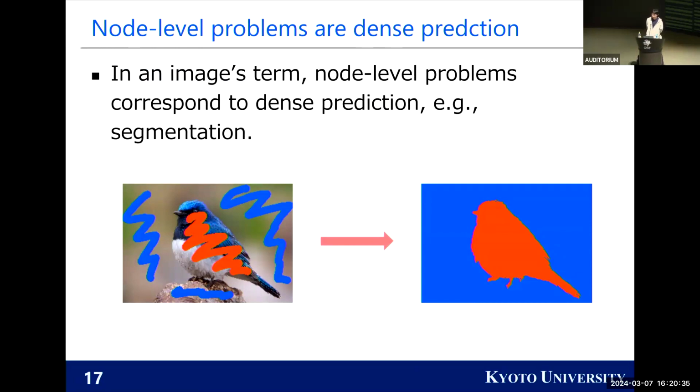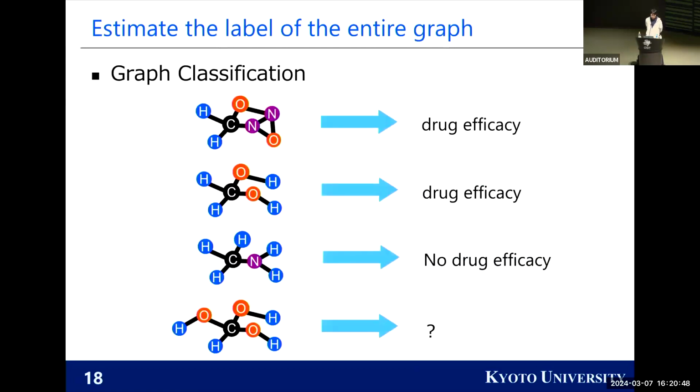Given an image, we want to estimate the label of each node. So image segmentation is an example of node level classification. Node level classification is a much finer level classification compared to graph classification. By contrast, graph classification is a more coarse level prediction.